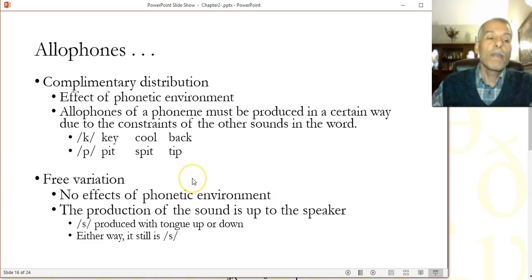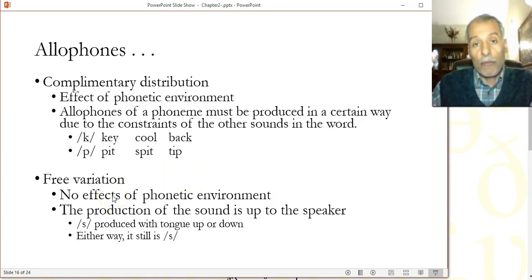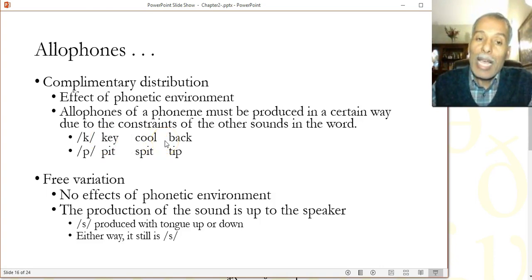In terms of free variation, that refers to individual differences in how you say sounds, individual differences between you and me. Here, the differences in allophones result from the phonetic context, what sounds come before, what sounds come after.